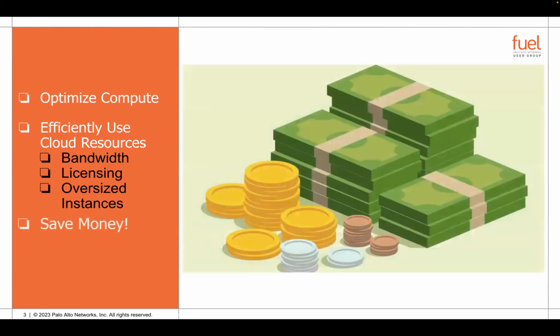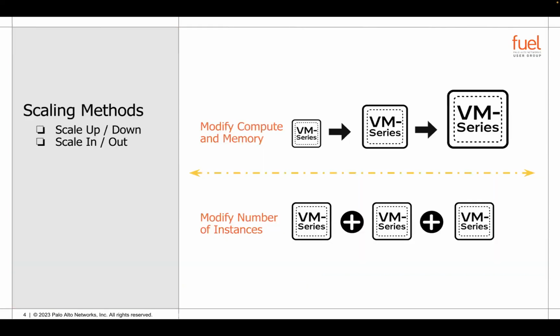And they can get expensive if we don't efficiently scale, efficiently use bandwidth, efficiently apply licenses, or if we've got oversized or unnecessary instances and compute just lying around. We're not using our money wisely, right?